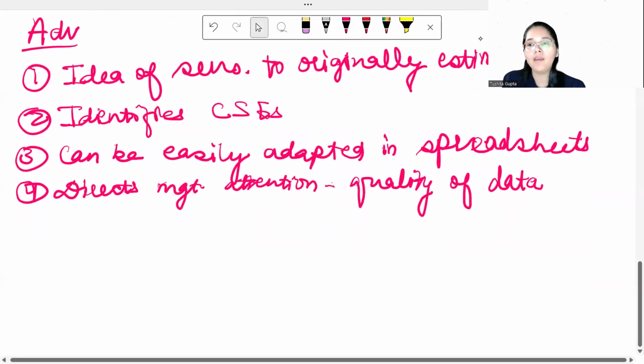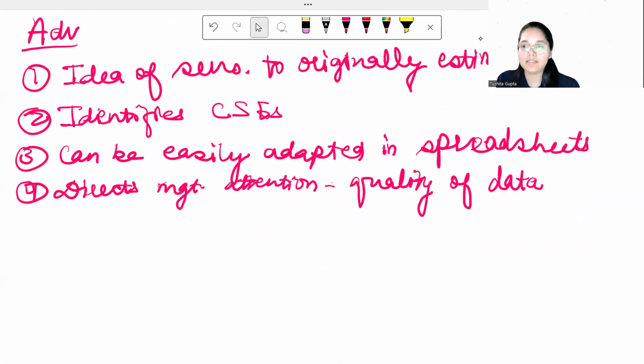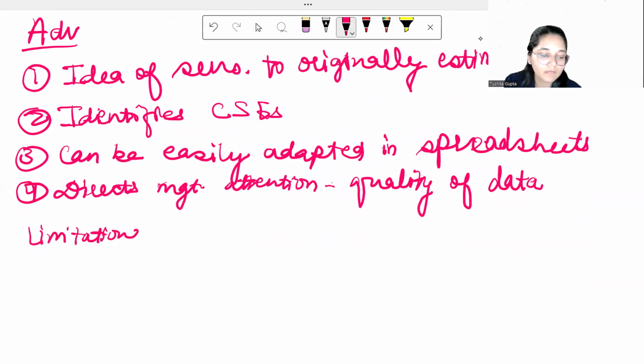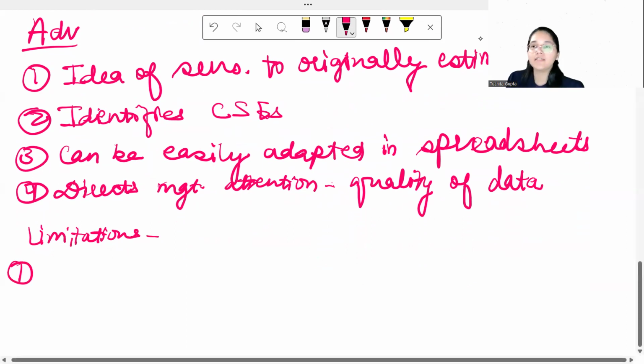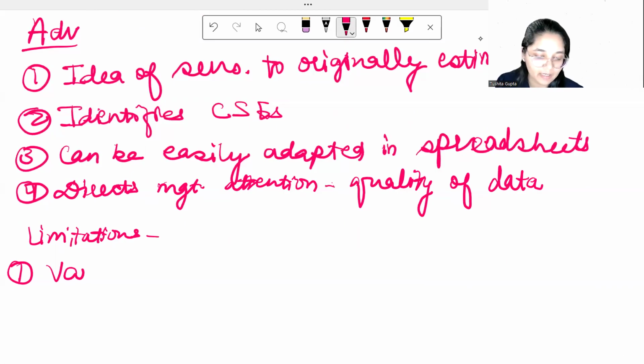Now, everything that has its advantages will always have its disadvantages also. So let's have a look at a few limitations. When you talk about the limitations of sensitivity analysis, number 1 is that the variables are interdependent.